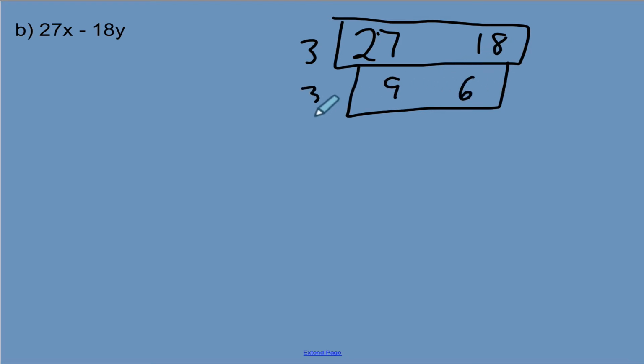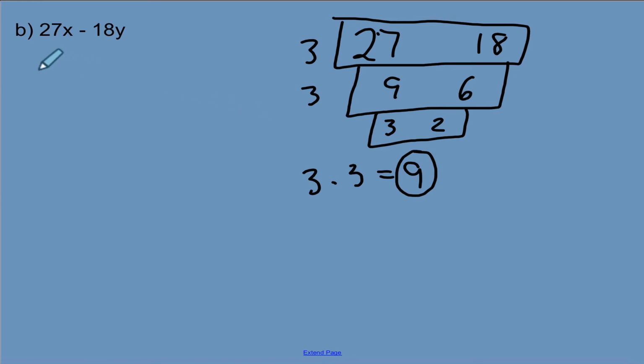Both of these can also be divided by 3. 9 divided by 3 is 3. 6 divided by 3 is 2. If I multiply together both of the numbers I divided by, I divided by 3, I divided by 3, that will give me my GCF, which is 9.